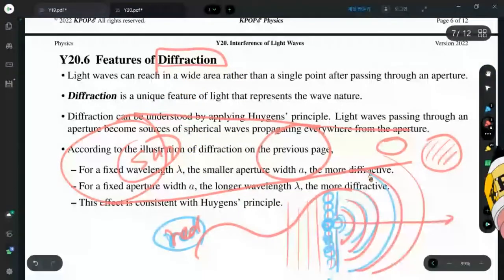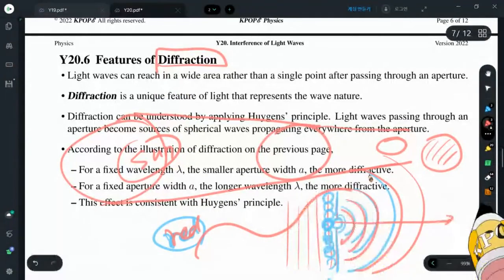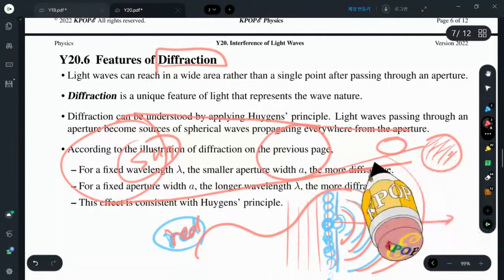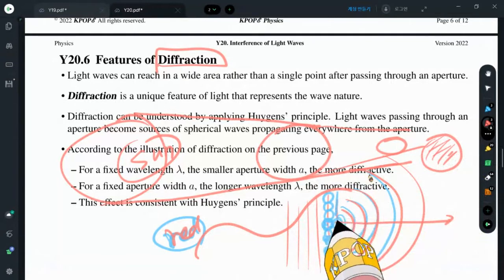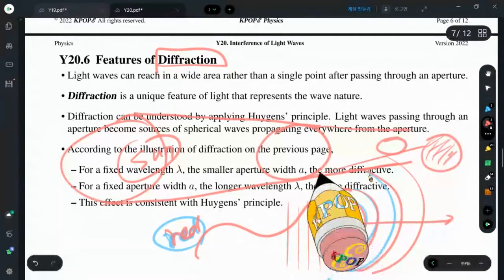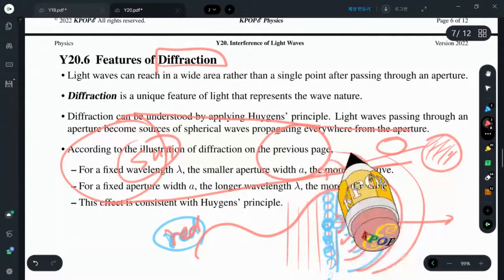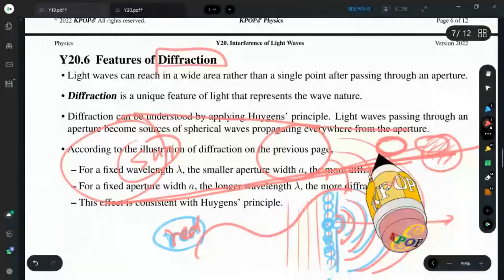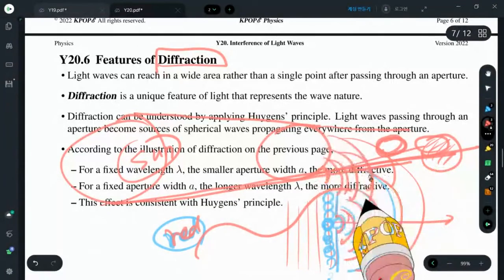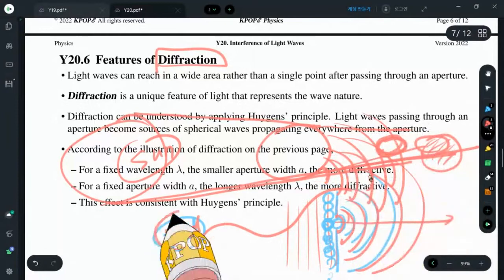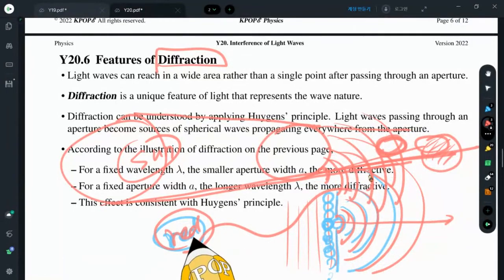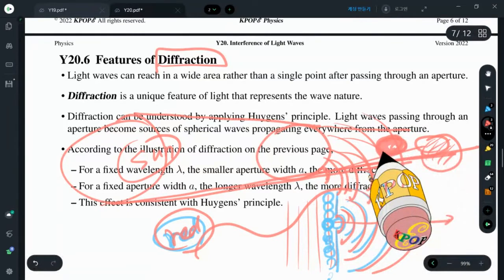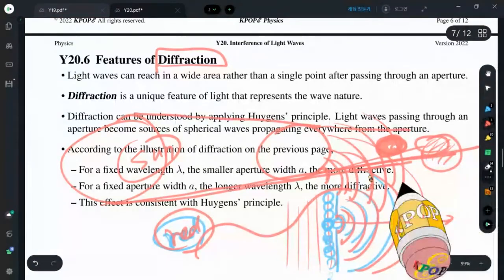Therefore, the blue light scattered away, and this red light could reach there in this form. Diffraction happens in here. If you draw a straight line, it cannot travel to the moon. However, because of diffraction, and diffraction is magnified for long wavelengths, you have seen the red moon during the lunar eclipse.